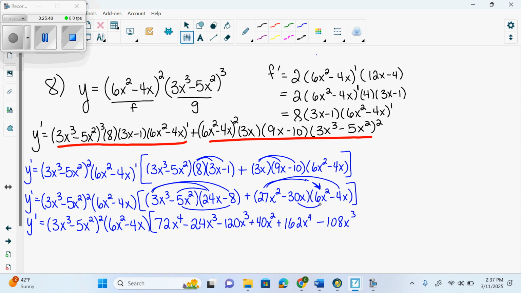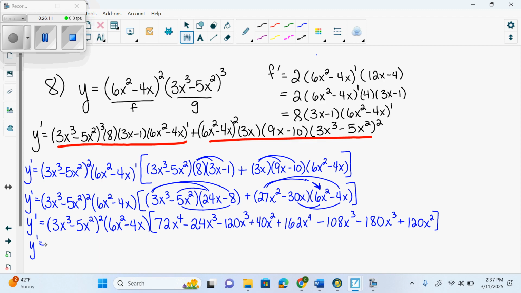Negative 30 times 6 is negative 180x cubed. Negative 30 times negative 4 is positive 120x squared. And then we need to collect like terms.